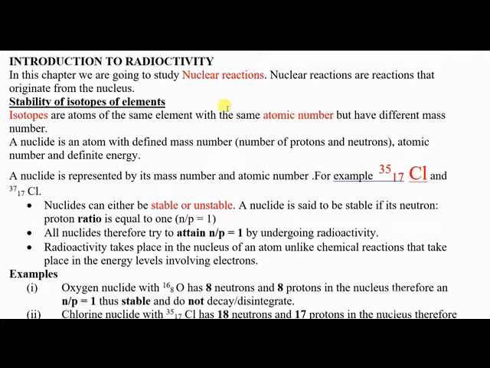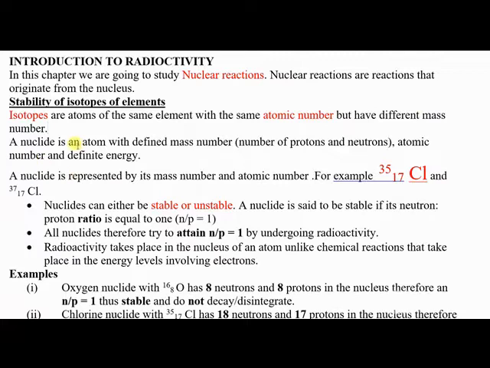Actually, when the neutrons are different, this is what makes the mass number different. Remember, mass number is equal to the number of protons plus neutrons, the sum. Remember that. It is important to understand what an isotope is.